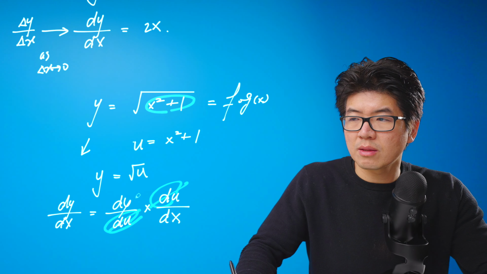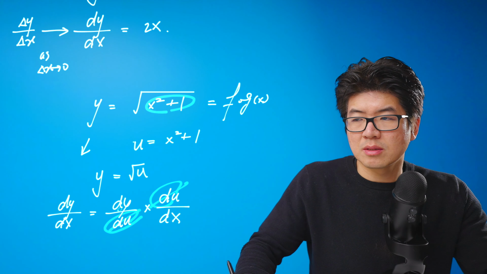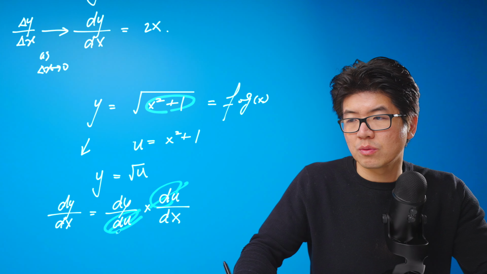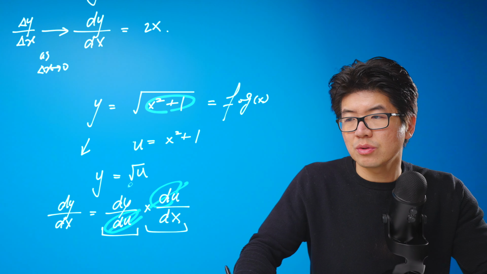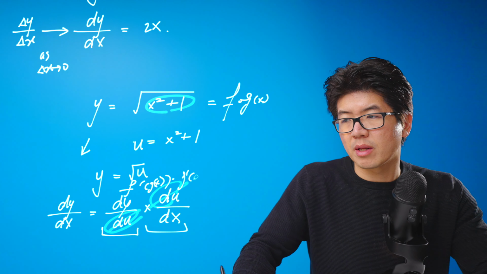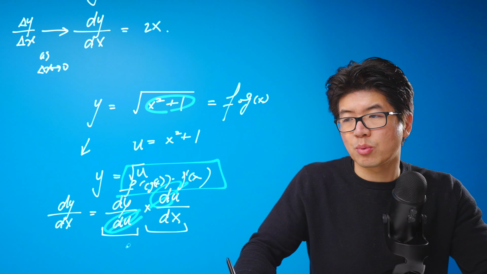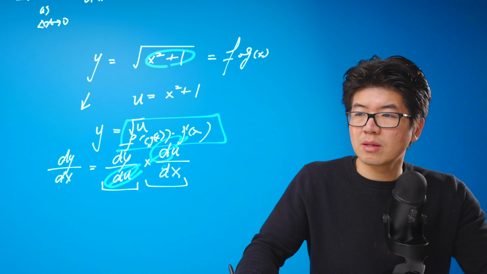But for now, you can think of dy over dx in Leibniz notation as the following. You're basically multiplying this and this. This is equivalent to f prime of g at x times g prime at x. It's the same thing as this portion right here. So let's apply this notation here.